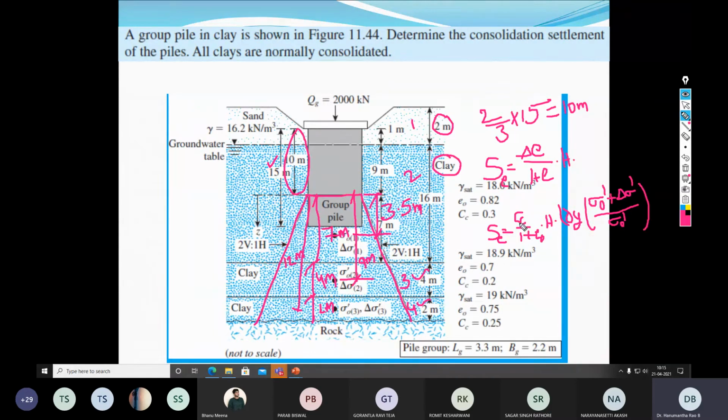So Cc is compression index, for each layer it is given. e naught is initial void ratio, for each layer it is given. H is thickness of that corresponding layer.